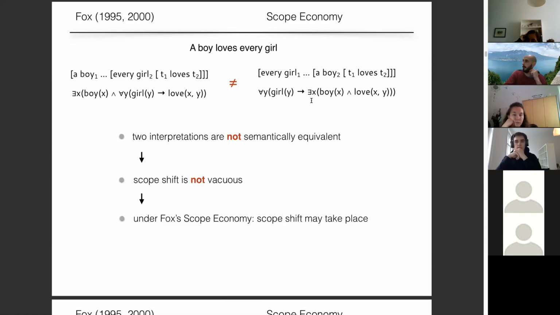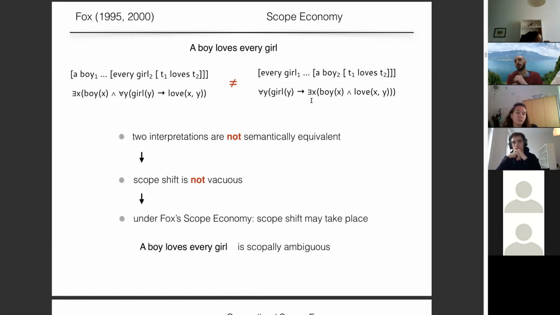So according to Fox's idea, when you have this situation where, if you make a scope shift, you generate a meaning that is semantically different, the operation is not vacuous, then you can do it, then it's allowed by grammar. Then a boy loves every girl is scopally ambiguous. Okay?